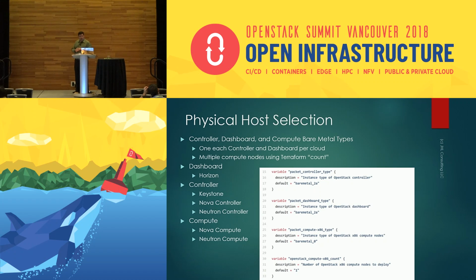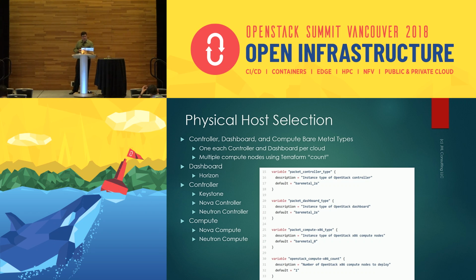OK, and then also in the Terraform vars file, we say the number and the type of each of the controllers. So here you can see that first one, packet controller type. That is the bare metal type of the controller that we're building. In this case, it's a bare metal 2A. And if you look back at the notes, a 2A is one of the ARM-based systems.